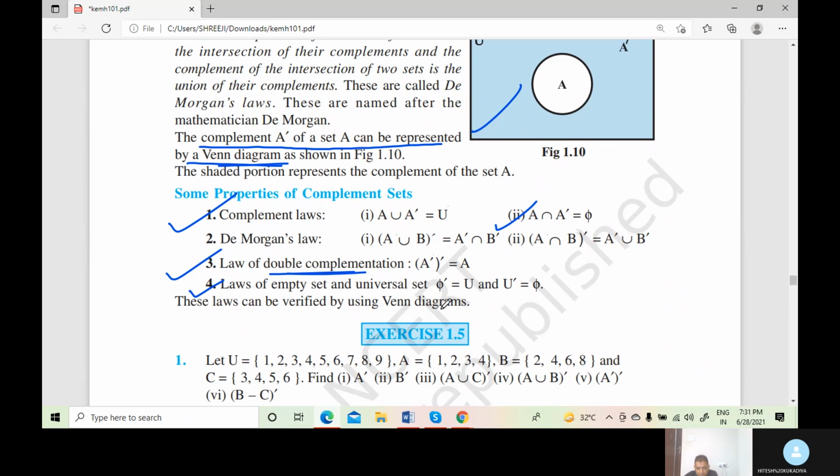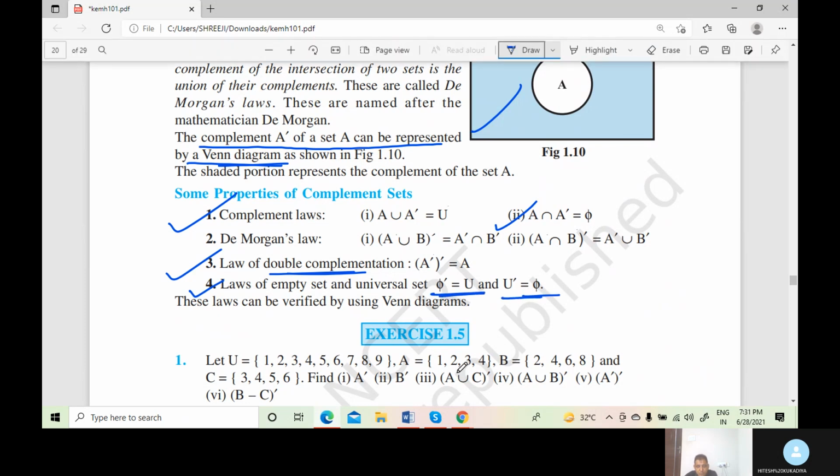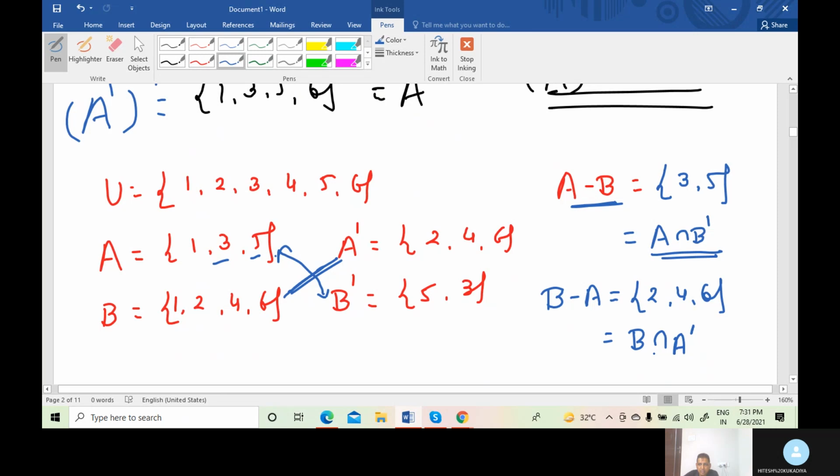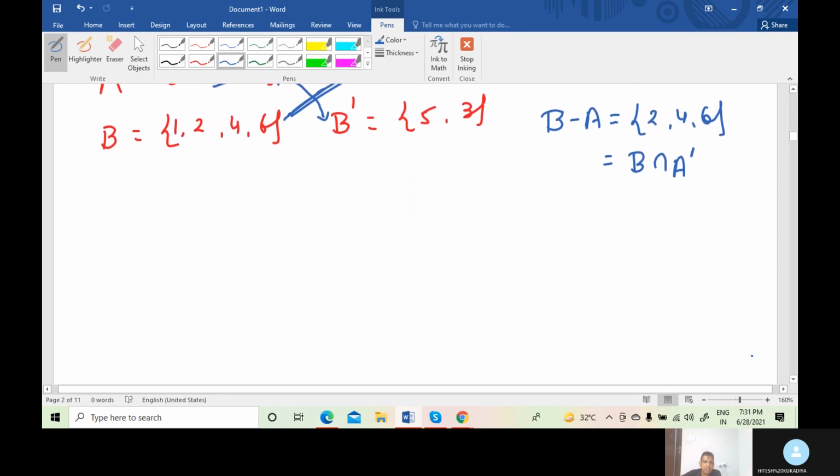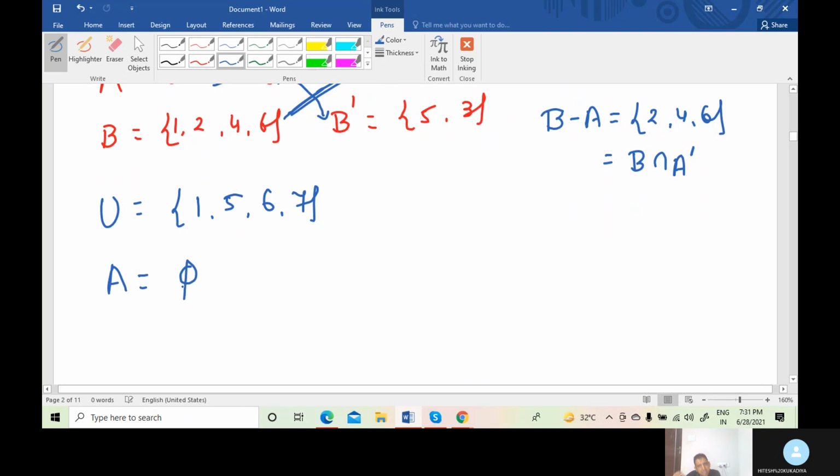The fourth one is the most important MCQ, most IMP MCQ. Look here, student. Here we explain. Suppose universal set U equal to, as an example, 1, 5, 6 and 7. And set A equal to the null set.